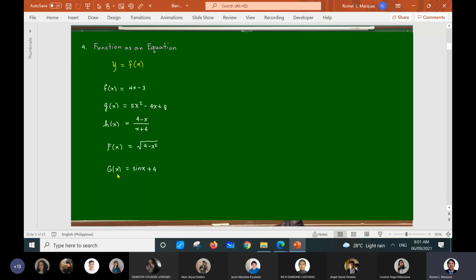Exponential functions like, let's say, j of x equal to e to the x plus 2 to the x minus 1. And then I can have a logarithmic function like the logarithm of x minus 4 to the base 3. Okay? So these are functions in terms of equations.